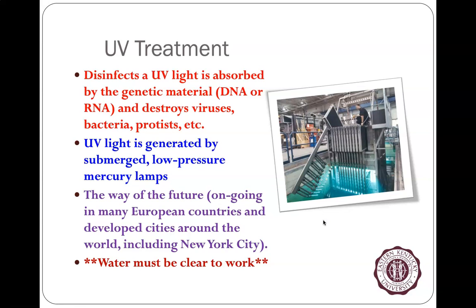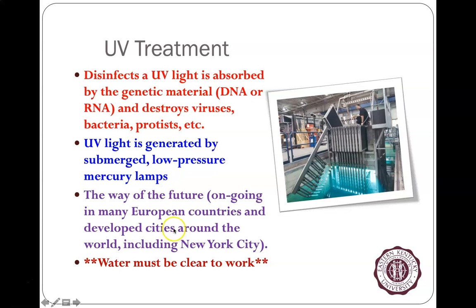Another option is UV treatment. This uses lamps that are dropped down into the water. These UV lamps have UV light generated in low pressure mercury lamps. The UV light destroys the DNA and RNA of viruses, bacteria, protozoa.